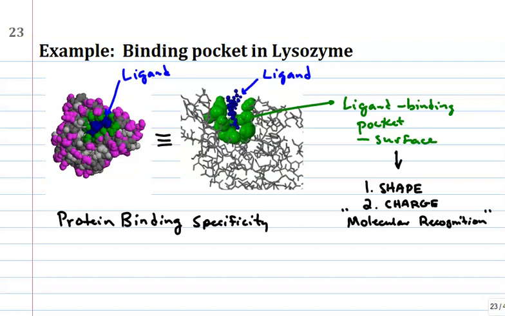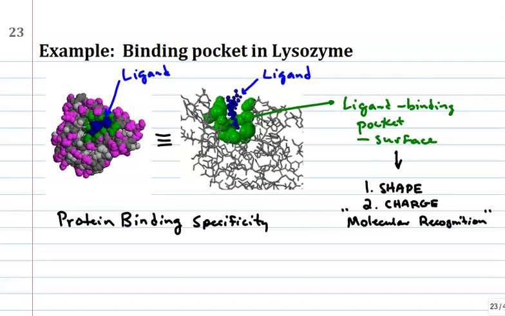Do you bind a couple of ligands, or are you promiscuous? Are you a promiscuous protein? That's my question to you. Do you bind a lot of different ligands? We see all types. So we're going to have specific binding, selective binding, and then promiscuous binding. We're going to see all three types when we talk about different proteins. So specificity is key.